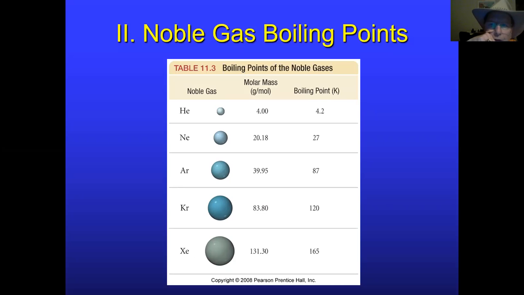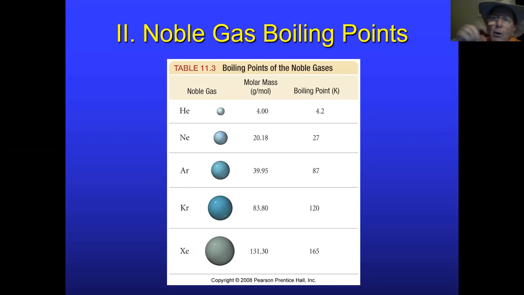Well, let me ask you this question. Does oxygen form a liquid? Yes. That's what they put in rockets, right? Even propane can be a liquid.